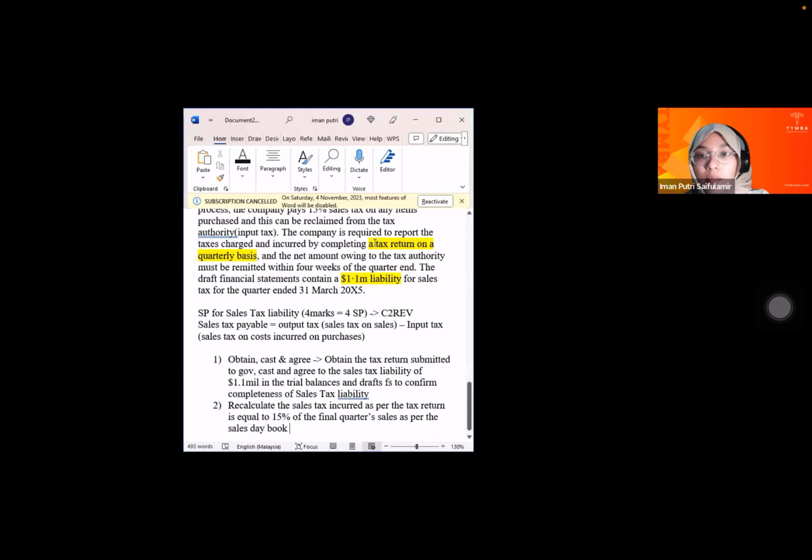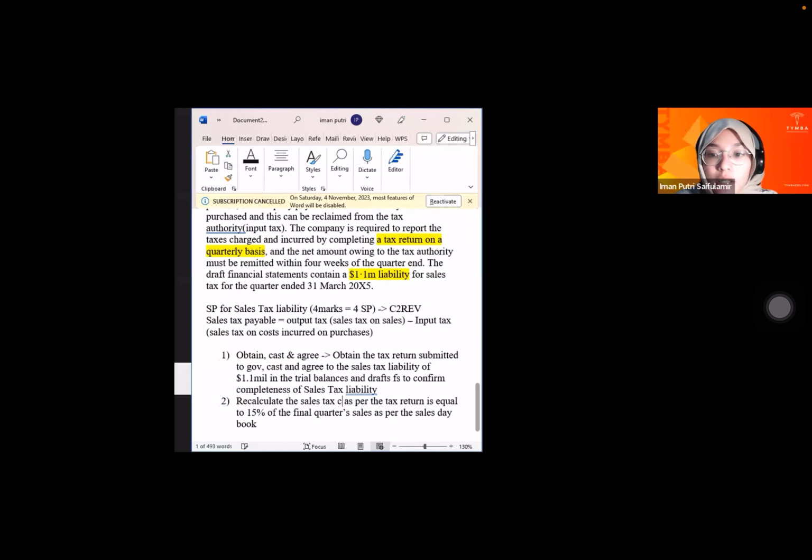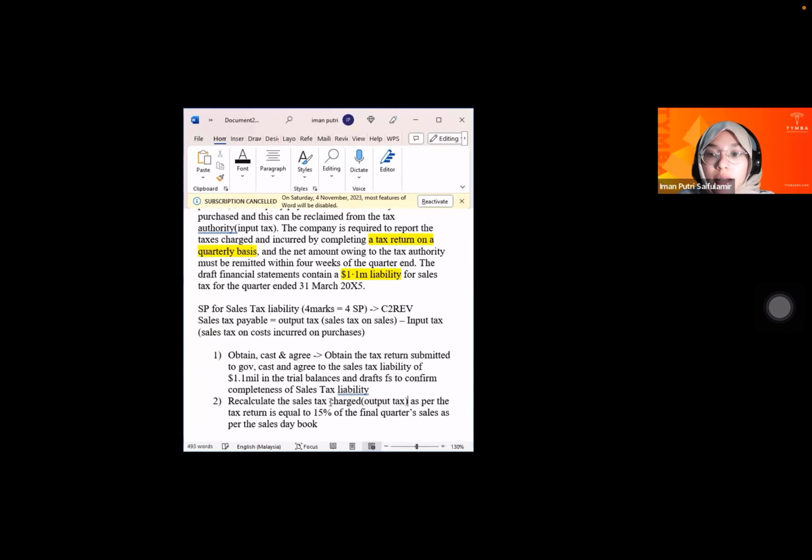Because here they said this is on a quarterly basis, that's why I said final quarter's sales. This is not sales tax incurred, this is sales tax charged. This is basically the output tax.